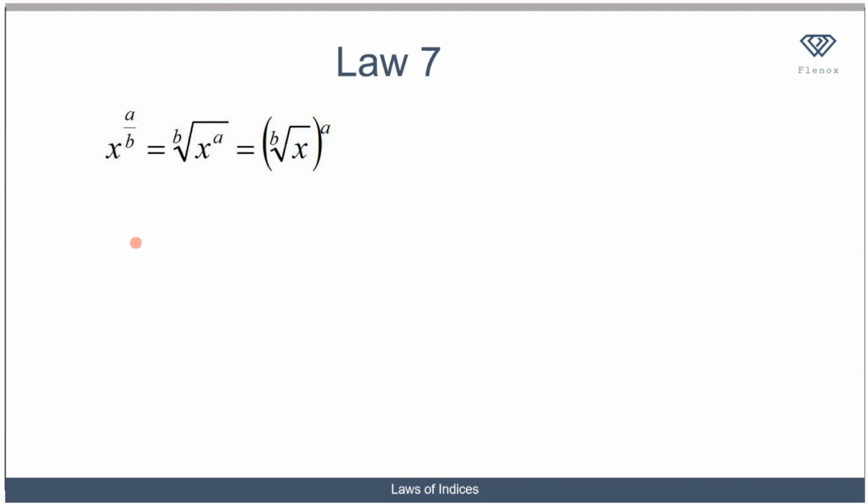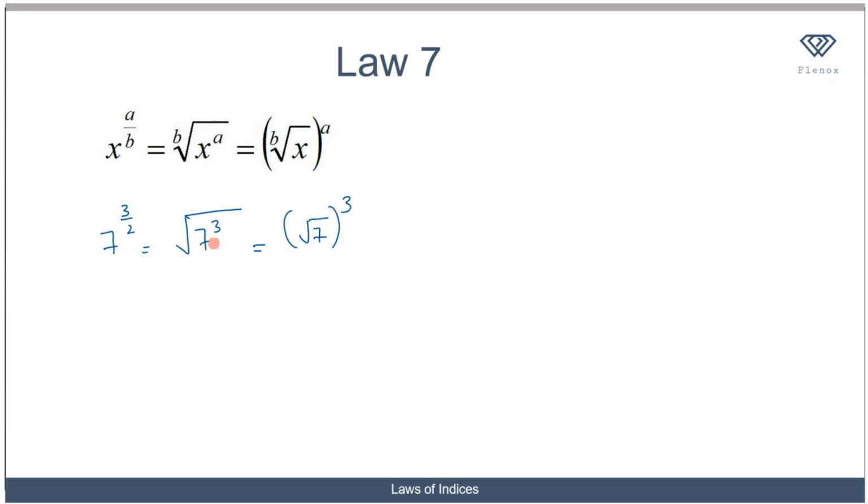For example, if I have 7 raised to the power 3 over 2, this is equal to, in this case, the square root, since it's a 2, I don't need to put the sign. We know this is the square root of 7 cubed. I can either do it this way, or I can write it this way also: I'll first find the square root of 7, then I'll find the cube, as defined by this formula.